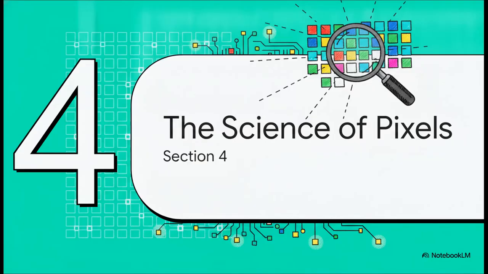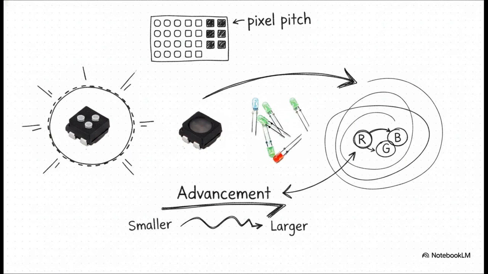All right, diving even deeper now. Section 4, the science of pixels. There is actually a massive physical difference in how individual pixels are built. Older DIP-style LEDs have those distinct, long legs, and they're usually arranged in a 1R, 1G, 1B configuration, meaning one separate red, green, and blue diode are physically bundled together to make a single pixel.